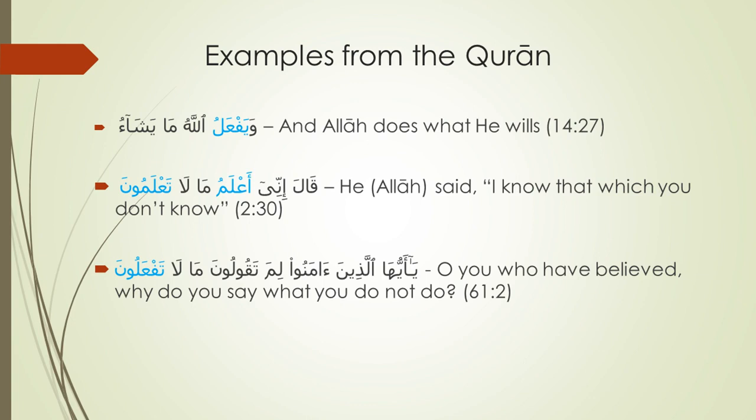And in the second example, قال إني أعلم ما لا تعلمون. What is the past tense of أعلم? علم. It means to know. أعلم, I know. ما لا تعلمون, what you all don't know.